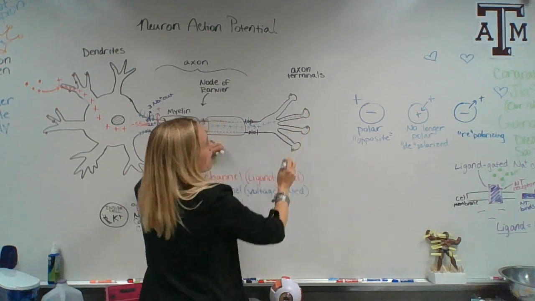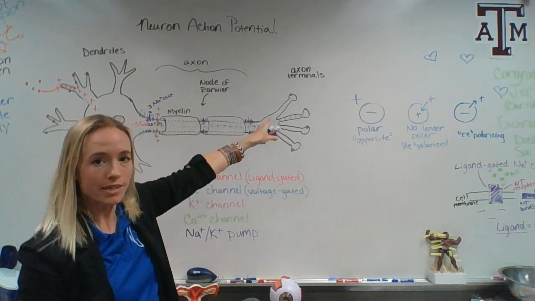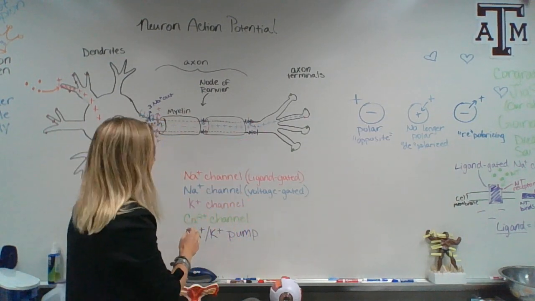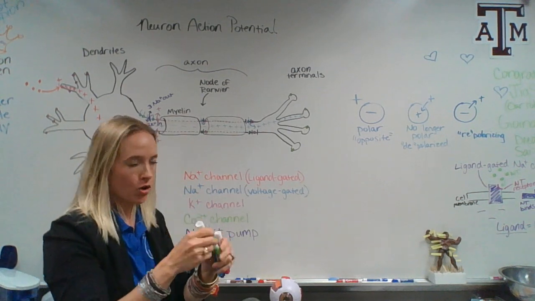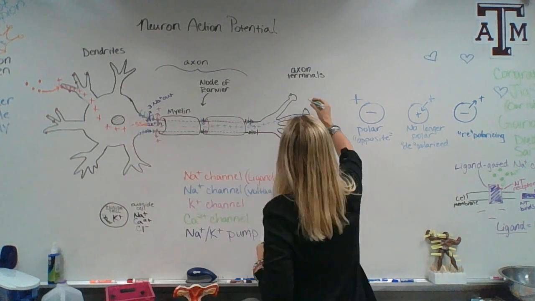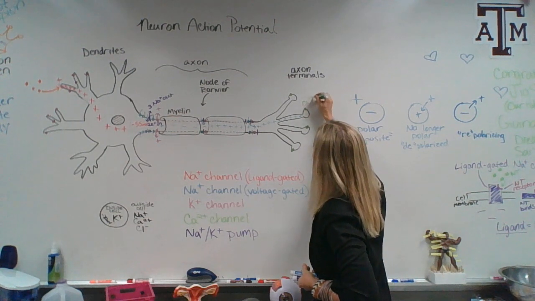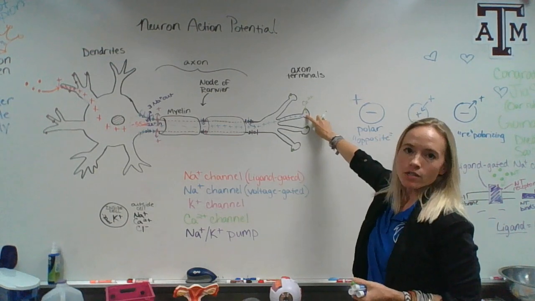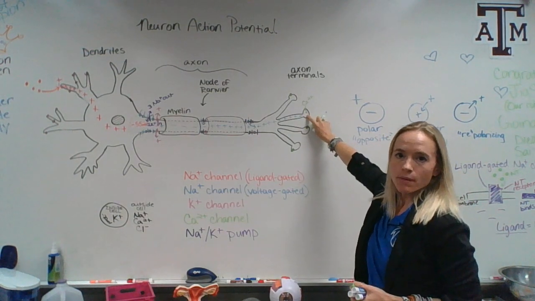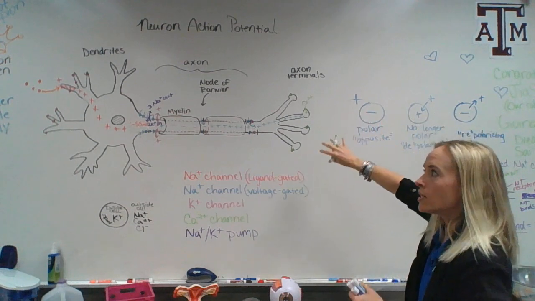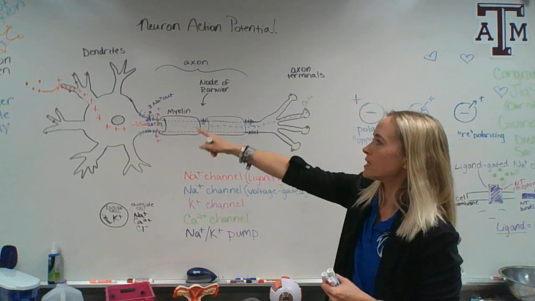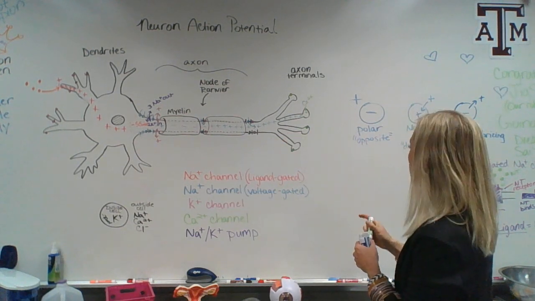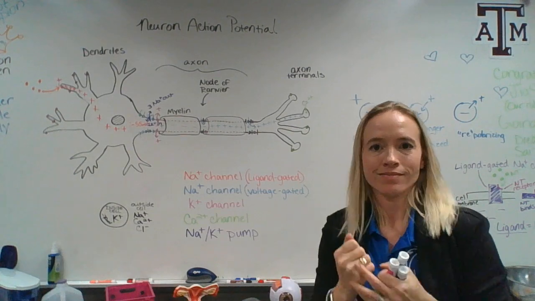And here, all the way in the axon terminal, when it gets to positive 40 in the axon terminal, the calcium channel opens, and the calcium enters the cell, and that's where it's going to bind to a vesicle and help the neurotransmitter leave and be released to the next neuron to stimulate the next action potential, and it continues to move on. I hope that helps.